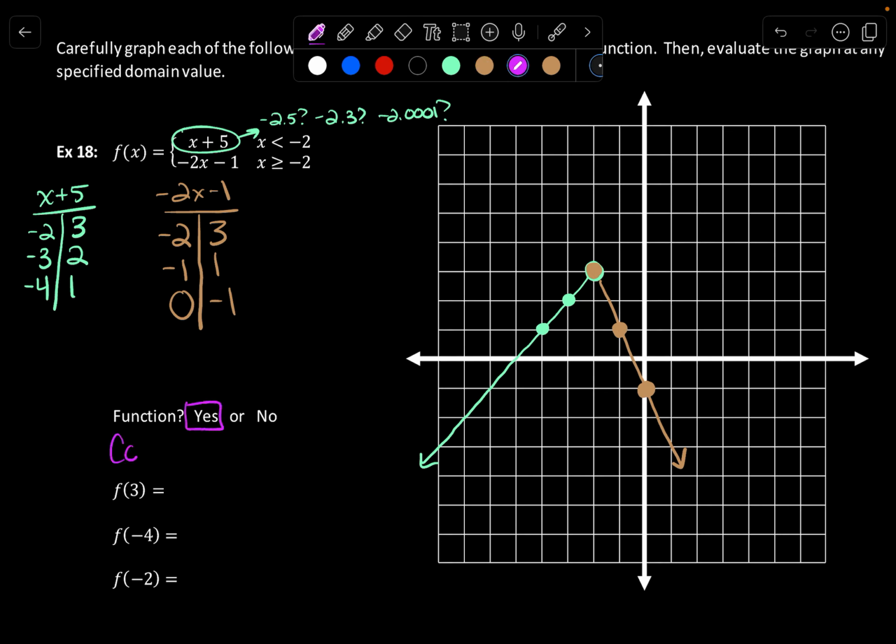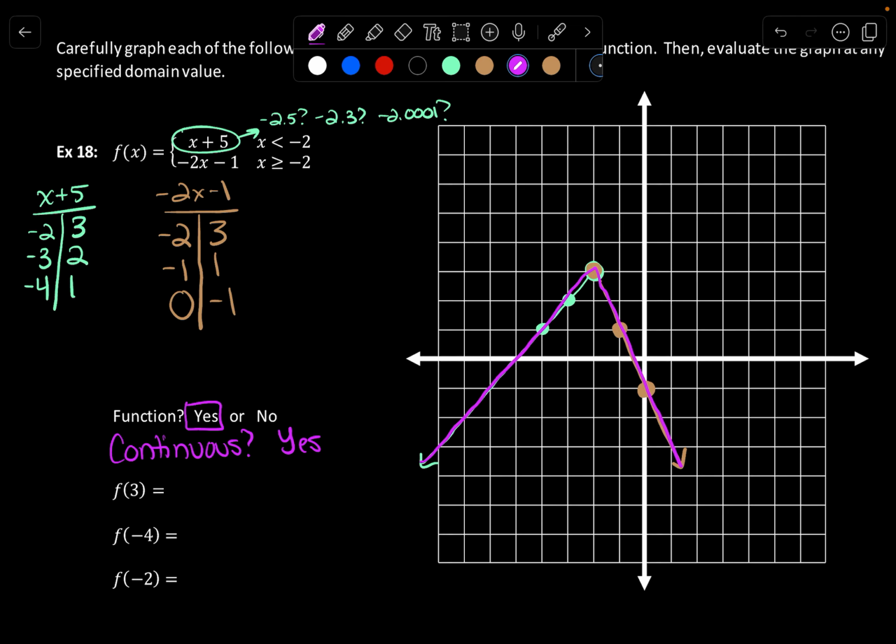My next question is, is it continuous? Can I trace this without picking my pencil off of the iPad? And the answer is yes. So it is continuous. A function can be continuous or not continuous, so just keep that in mind. Just because it is a function doesn't mean it has to be continuous.